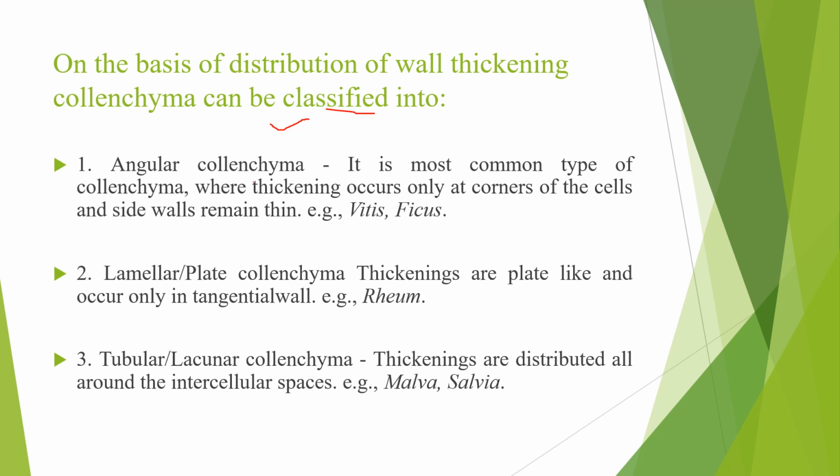It is present in Vitis and Ficus. Then lamellar or plate collenchyma, when the thickenings are plate-like and occur on the tangential wall. Suppose this is the cell, the thickening is present throughout the walls. But in the first one, the thickening is present only at the corner.